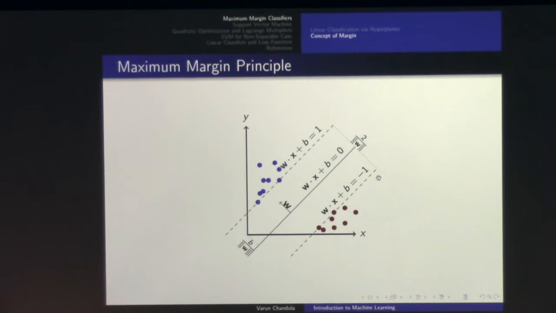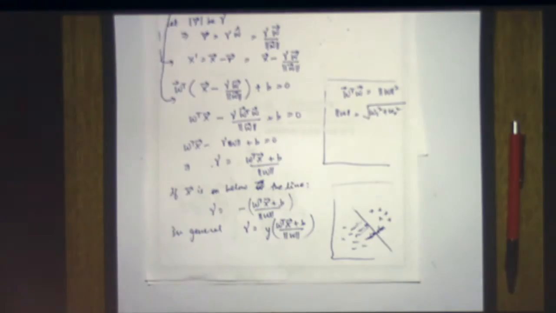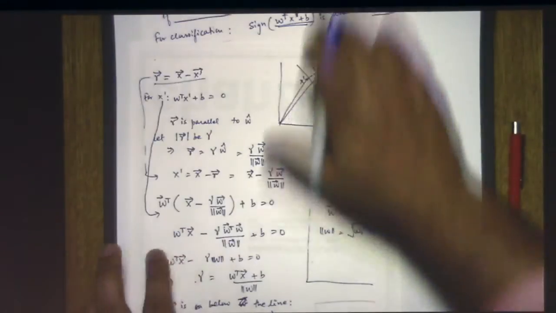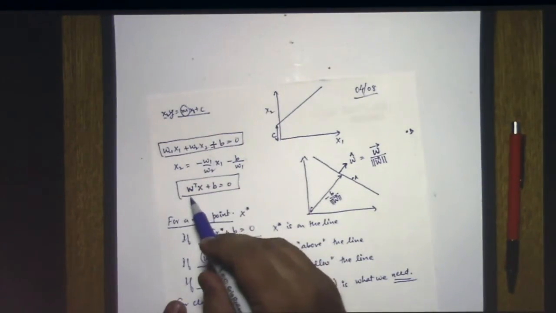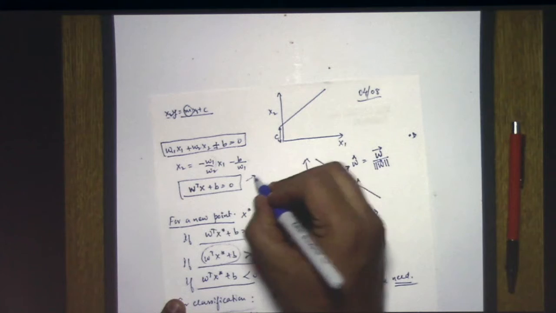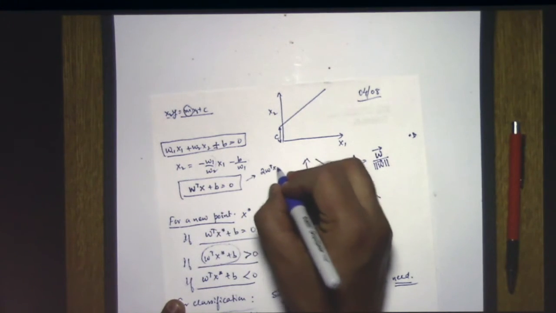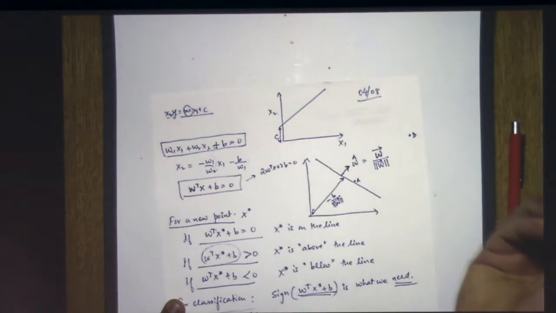Now where does this 1 come from? Actually it could be anything. But one thing that I did not mention earlier is this: if this is the equation of your line, then 2 times w transpose x plus 2b equal to 0 is also the same line.